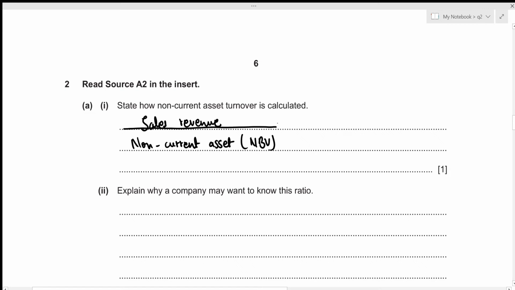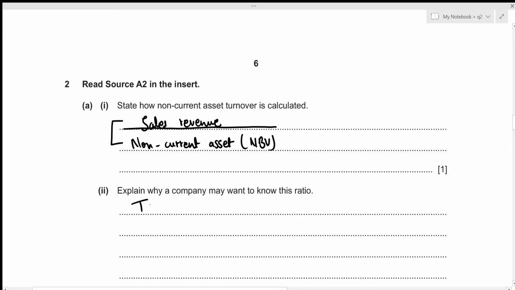Alright, now for the second part, we need to explain why a company may want to know this ratio. And we can clearly see that this ratio involves sales revenue and non-current assets, which means that it helps in measuring the efficiency of non-current asset in generating the sales revenue. Let's write it down.